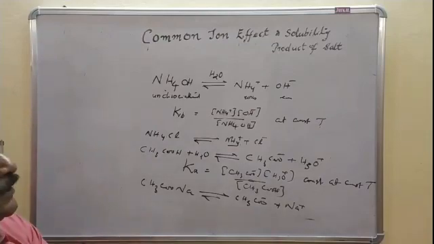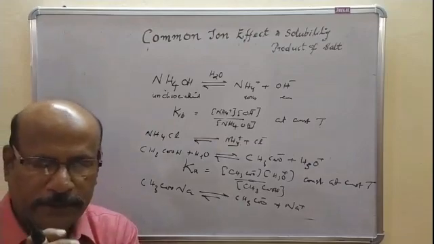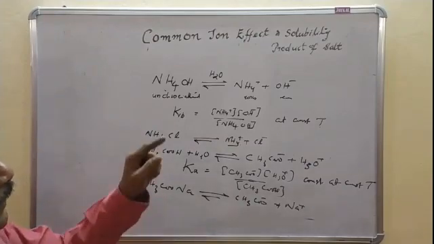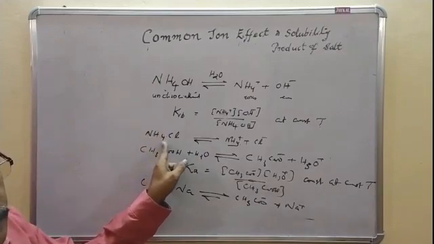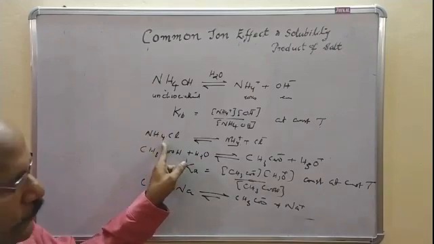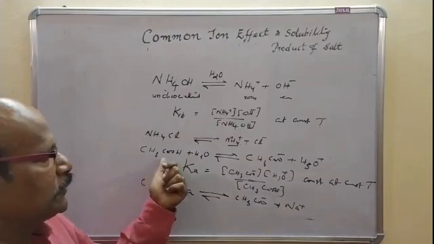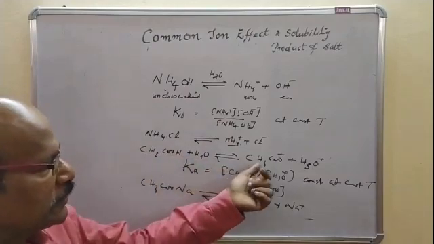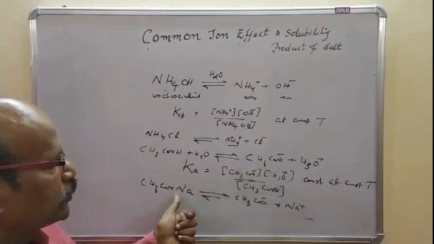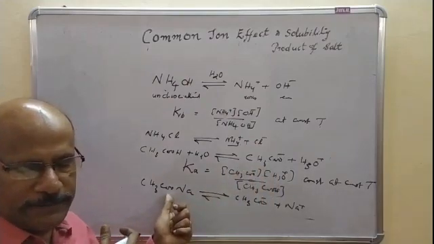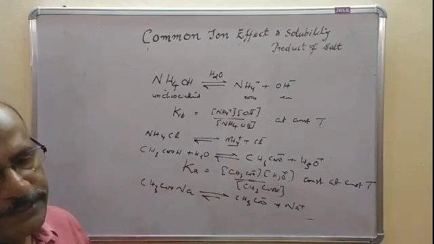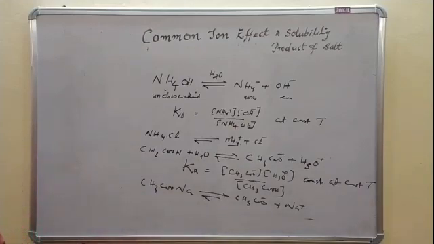Example: the dissociation of ammonium hydroxide can be considerably suppressed in the solution by adding ammonium chloride, because ammonium chloride furnishes the common ion, ammonium. Similarly, the dissociation of acetic acid in solution can be suppressed by adding sodium acetate, which contains the common ion, acetate ion.